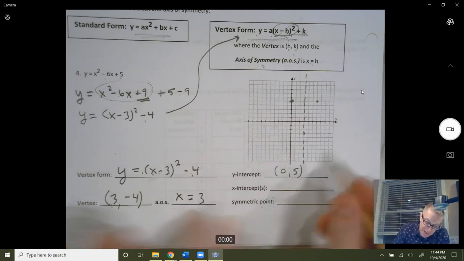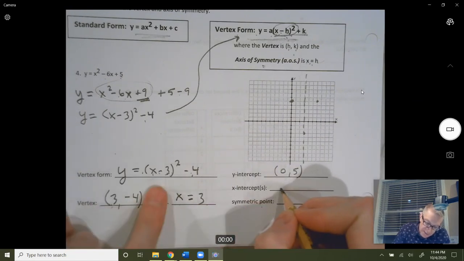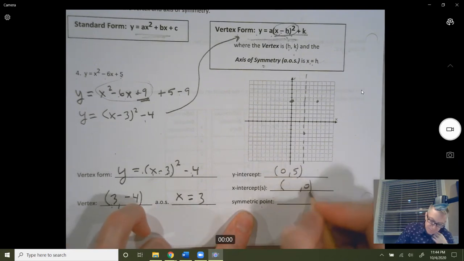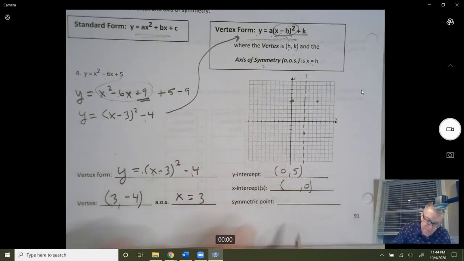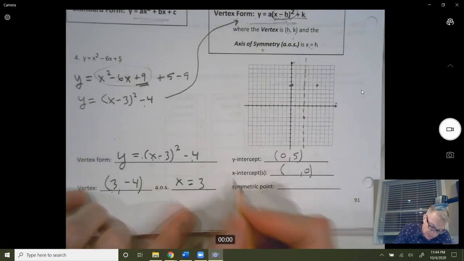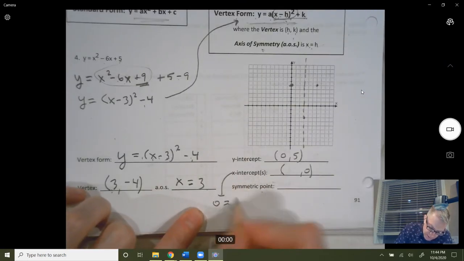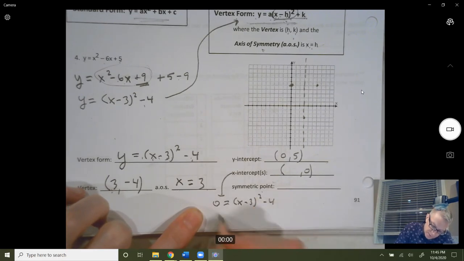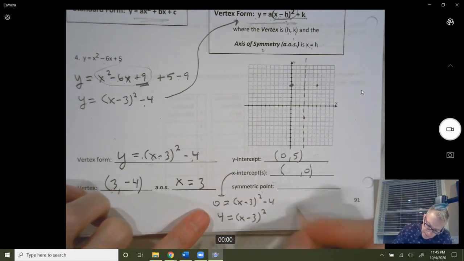And then your x-intercept, well, that happens when y is 0. So that's going to be something, 0. So we could solve that. I'm just going to solve it down here. 0 equals x minus 3 squared minus 4. Add the 4 to the other side. Square root both sides. We get x minus 3 equals plus or minus 2.